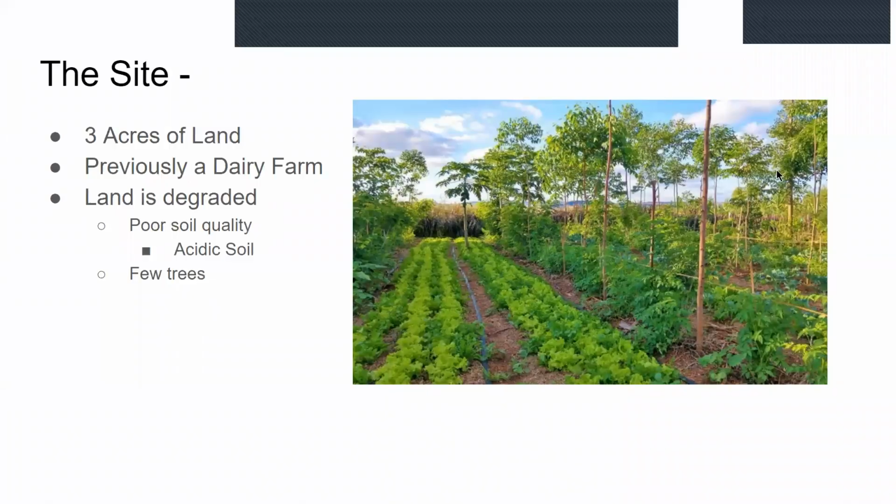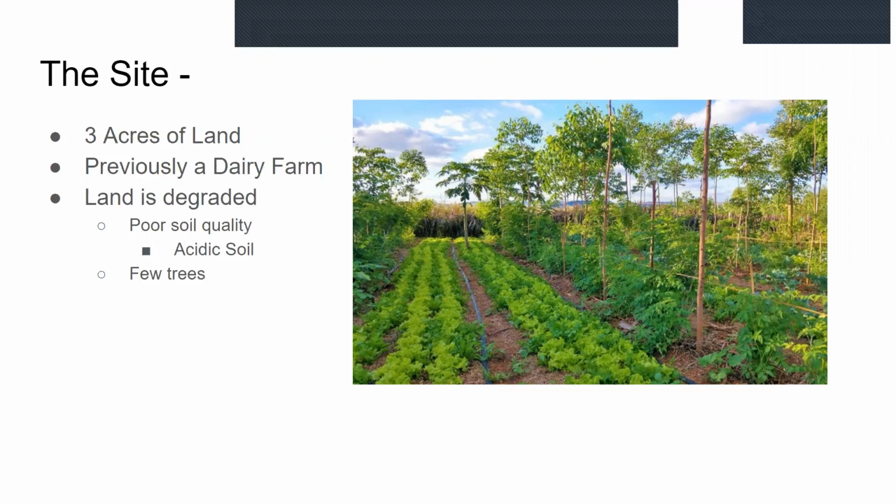All right. So the site that I focused on is our land that we live on here in Massachusetts. It's situated on 3 acres, and it's degraded for a few reasons. One being it was maintained as a dairy pasture for a number of years before we moved on, and the land practices were not the best.